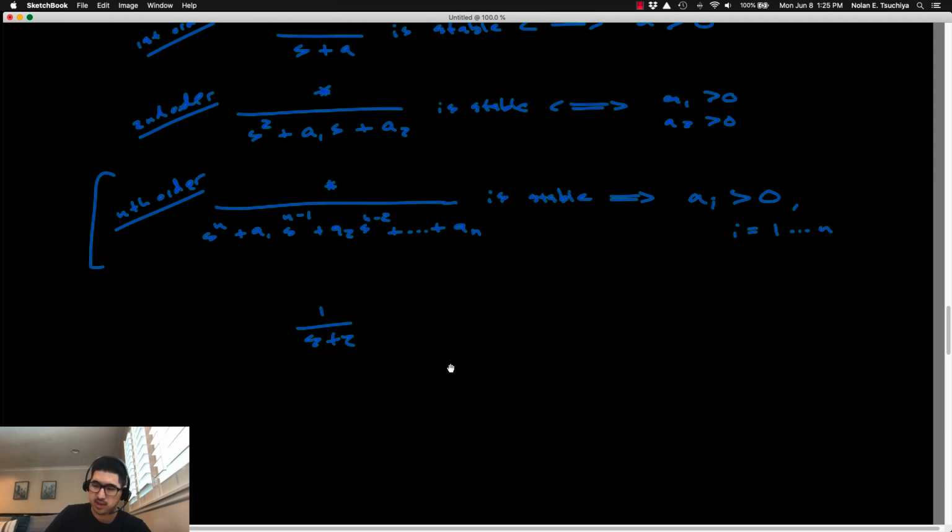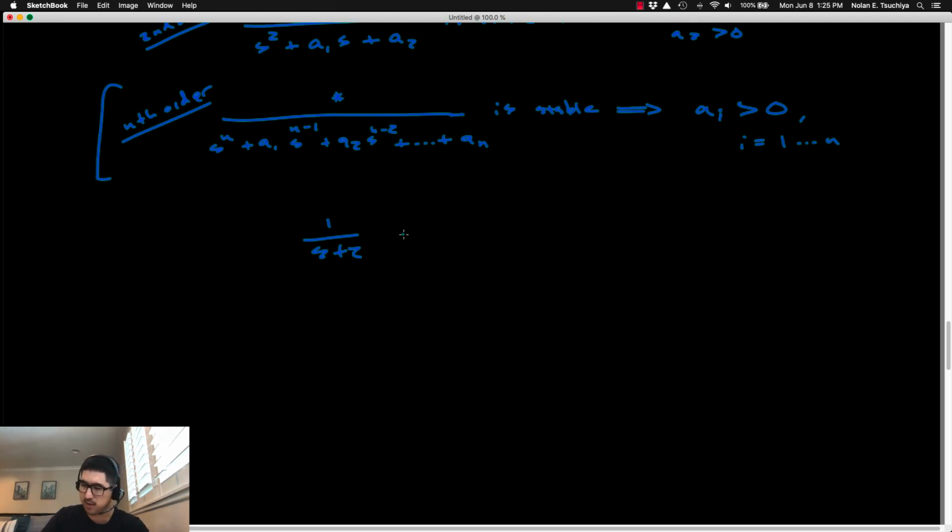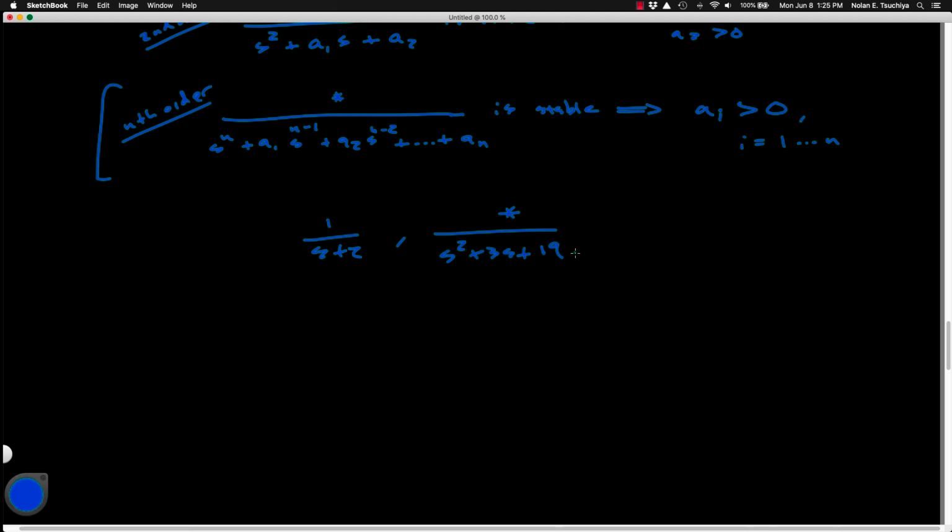The same can be said about any second order transfer function like s squared plus 3s plus 19. I don't know anything about what that looks like, I just wrote this down, but I know that's a stable transfer function because both my coefficients a1 and a2 are positive. So I can guarantee that both of these are stable.